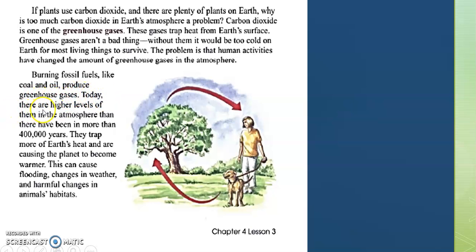Today, there are higher levels of them in the atmosphere than there have been in more than 400,000 years, right? They trap more of Earth's heat and are causing the planet to become warmer. This can cause flooding, changes in weather, and harmful changes in animals' habitats.